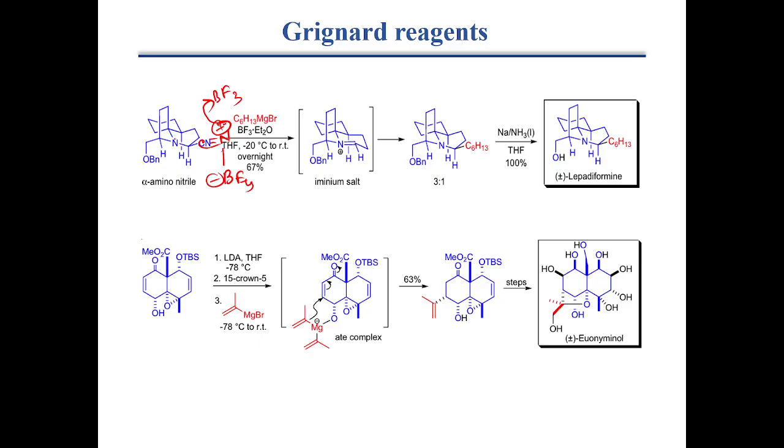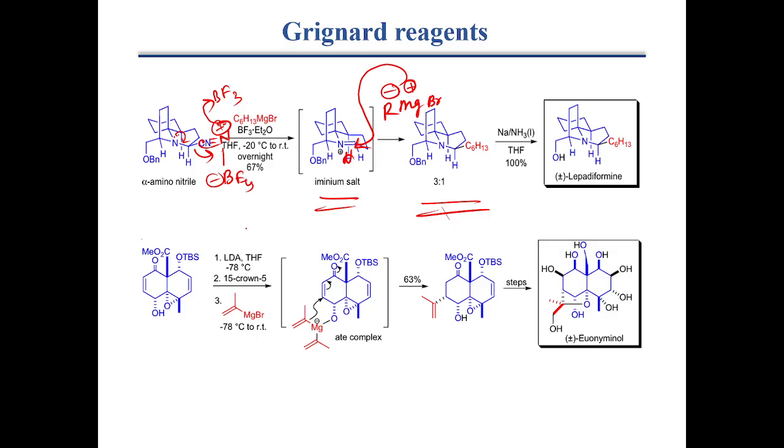As this nitrogen has a lone pair, the electron cloud will push and kick out this cyano group, giving this ammonium salt. Now R minus MgBr plus quenches the ammonium and gives this product. This is also an example.